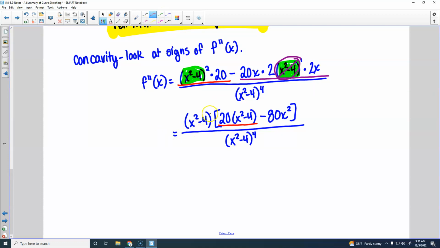So this x squared minus 4 is to the first power. We can cancel it with one of the ones down here because we've got 4 of them. So I'll make that to the third power.